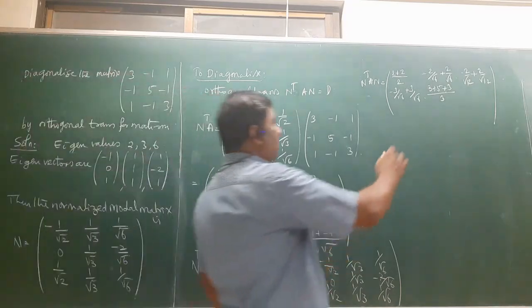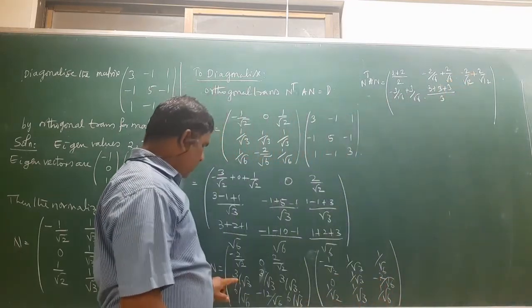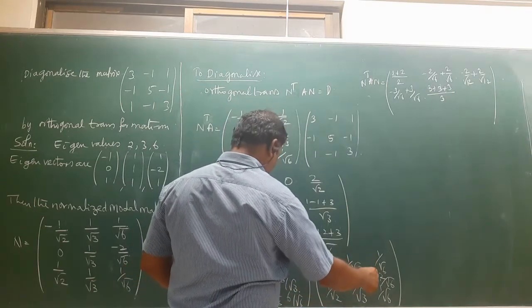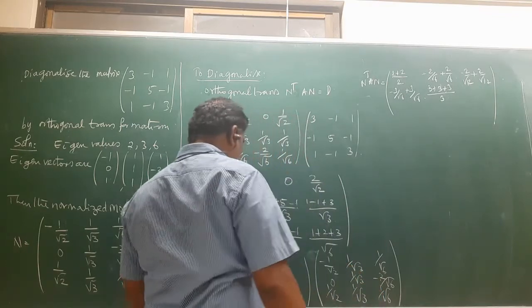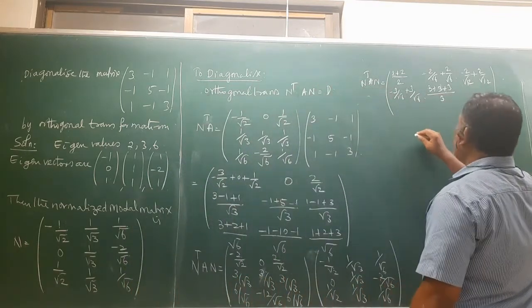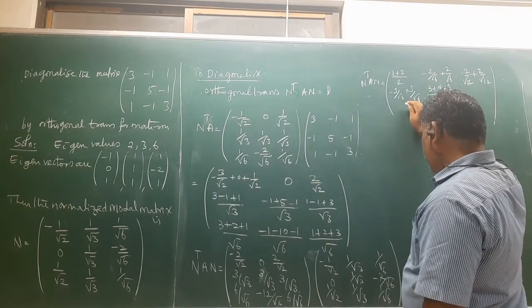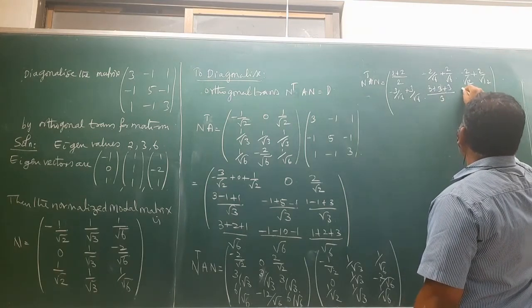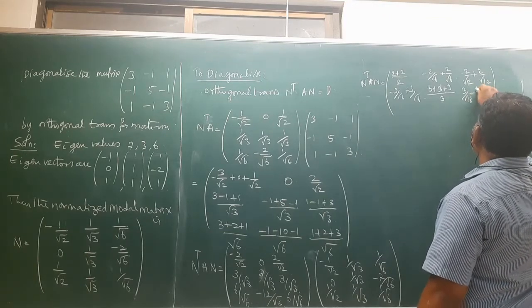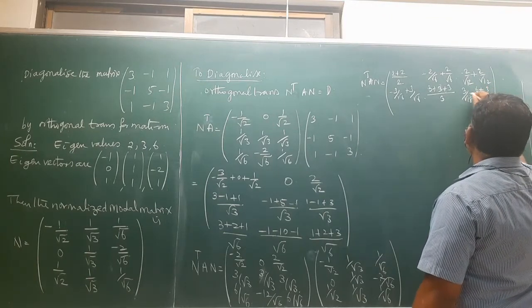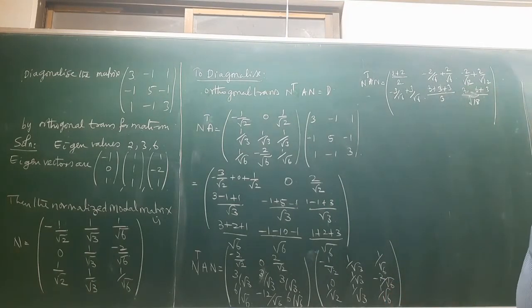So 3 plus 3 plus 3 by 3. Last one is 3 minus 6 plus 3 by root 18 with the common denominator.